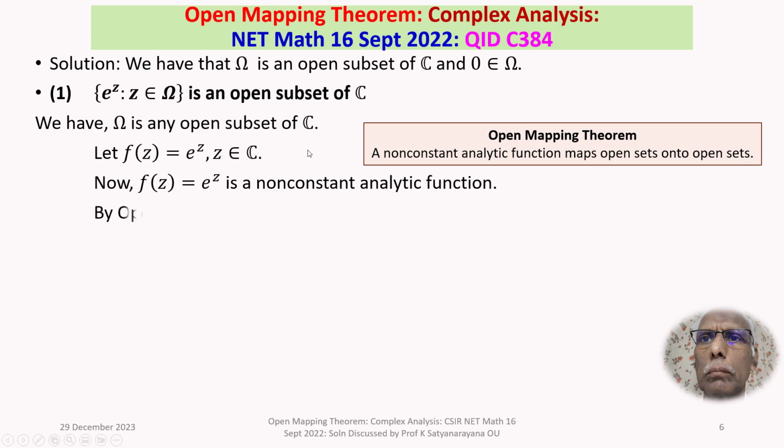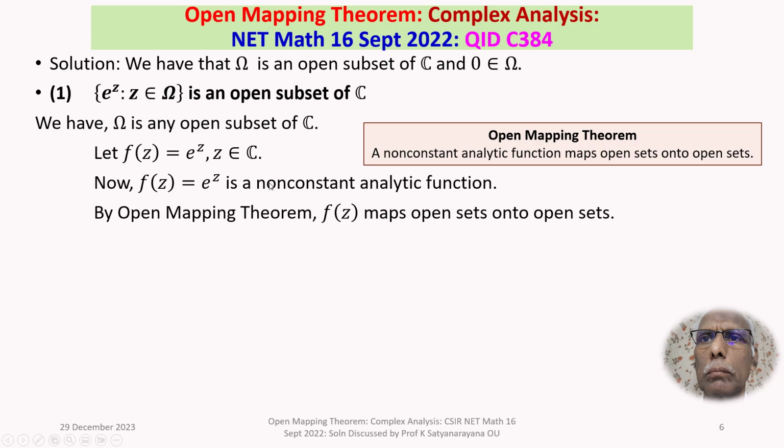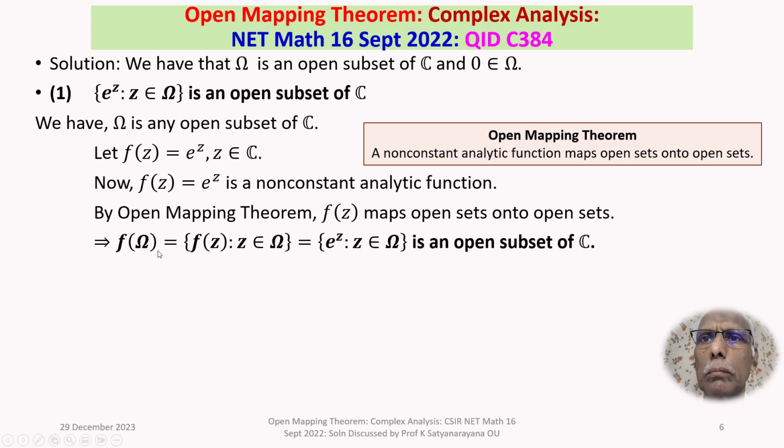So by the open mapping theorem, f(z) maps the open set omega onto the open set f(omega). Therefore, f(omega), which is the set consisting of f(z) where z belongs to omega, that is, the set consisting of e^z, z belongs to omega, is also an open subset of C, because omega is given to be an open subset of C, and f is a non-constant analytic function.